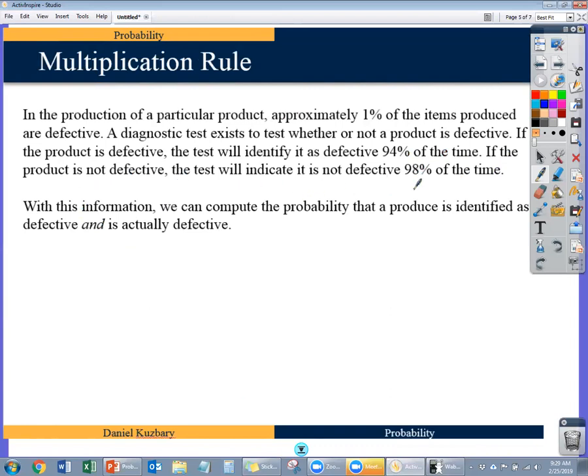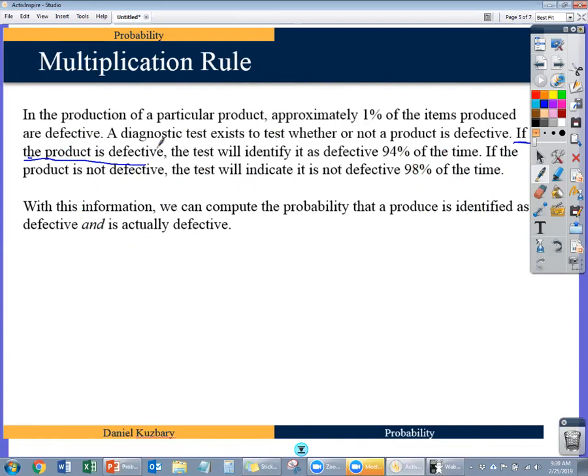So it's still not perfect, even if the product's fine. This would mean this test can sometimes come out with false positives or false negatives, as with most tests. And we know the chance that it's going to be right if it's defective. We know the chance it's going to be right if it's not defective. And these two numbers, this 94 and 98%, are conditional probabilities. We know they're conditional because you have this word "if" leading into it.